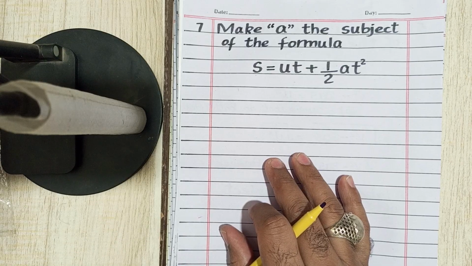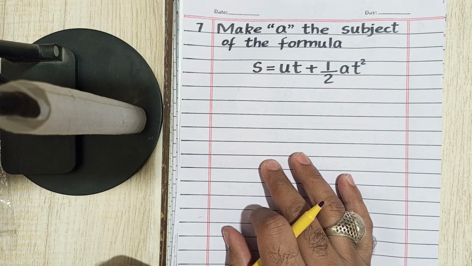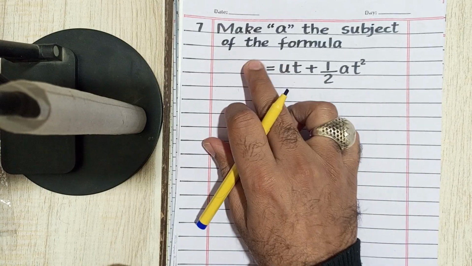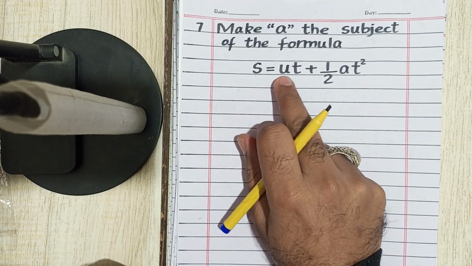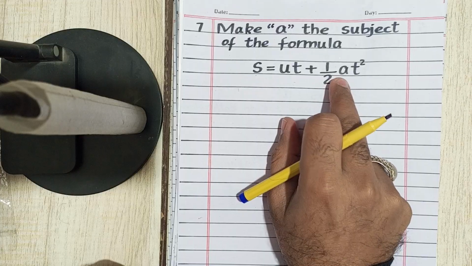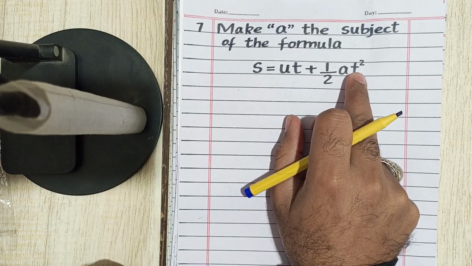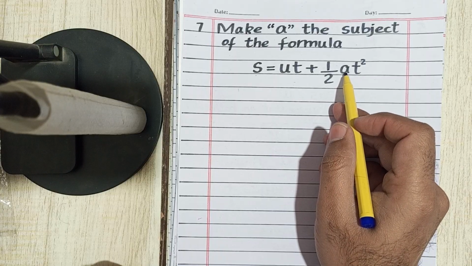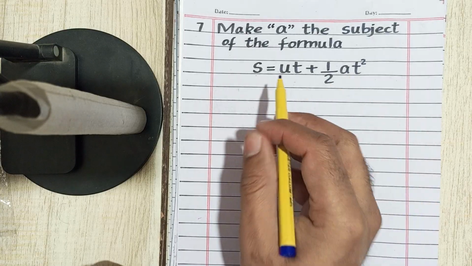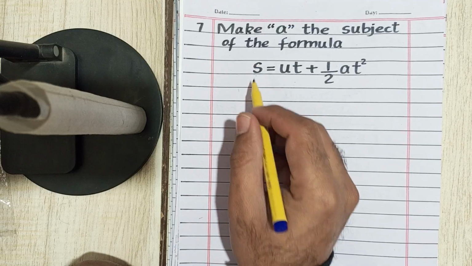Now our next question 7. In question 7 we have make a the subject of the formula. So here we have s equal ut plus half a t square. So here we want to calculate the value of a. Now we have s.